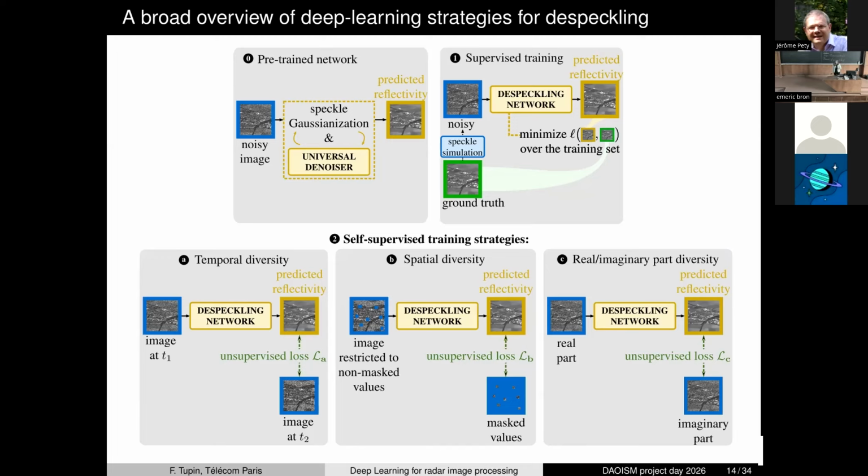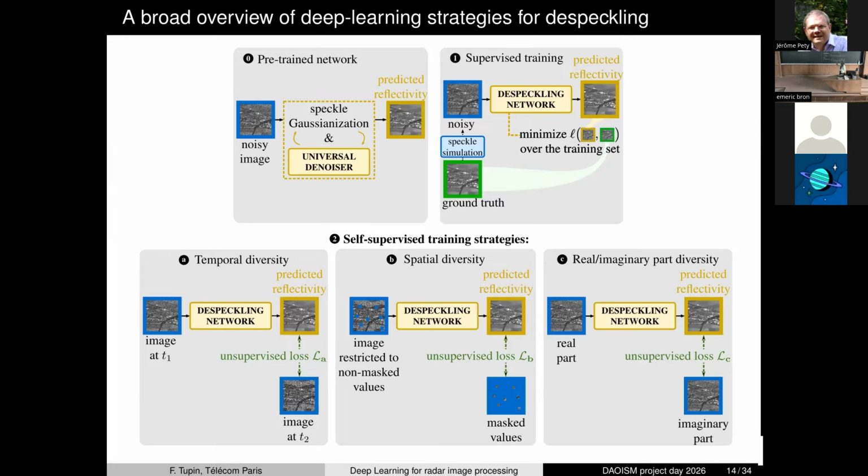I've shown you some distribution, but what I've not said is that, of course, I have the point spread function of my system, and that will modify the statistics that I will have. Normally for each sensor, you should have a very good modeling of the PSF and the speckle phenomenon, and that's not so easy to have. So in fact, this framework is not really applicable in the case of SAR images.